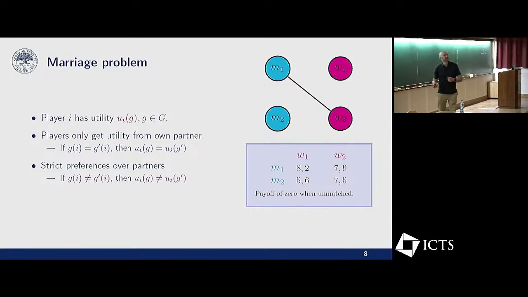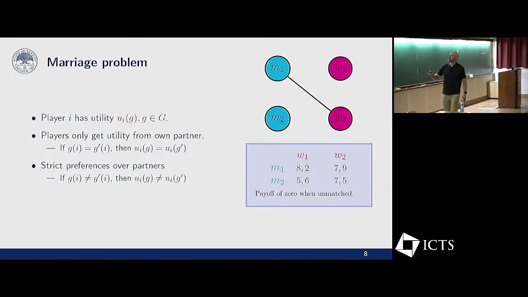Or you could have a model where people are envious, right? Don't want other people they know to have a good spouse or even to be matched at all. But in the classic setup, they've only got their own partner who they care about. So if you're matched to the same person at matchings G and G dash, then you're equally happy. Your payoff is the same at those matchings.